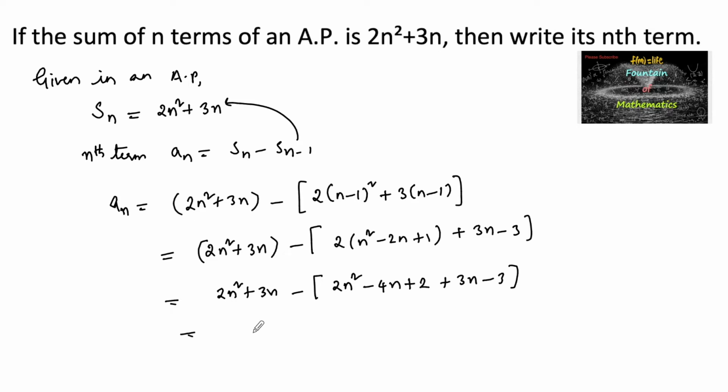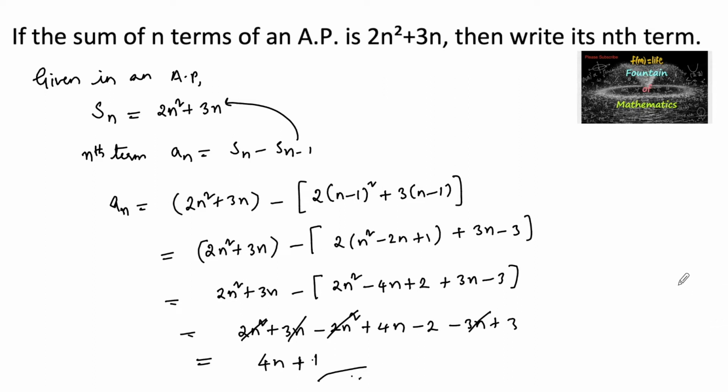Let us remove the brackets: 2n square plus 3n minus 2n square plus 4n minus 2 minus 3n plus 3. So we can cancel 3n and 3n, and 2n square gets cancelled, and we have 4n minus 2 plus 3, which is plus 1. So 4n plus 1 is the answer. That's the nth term.